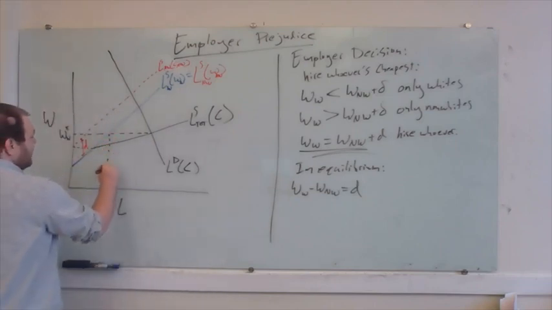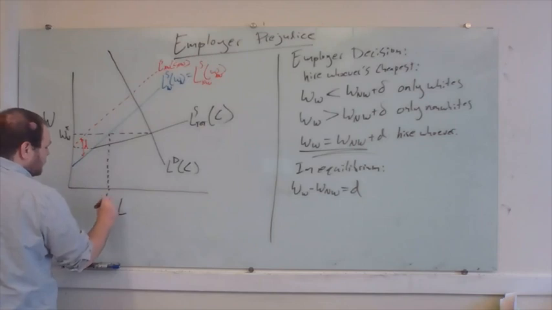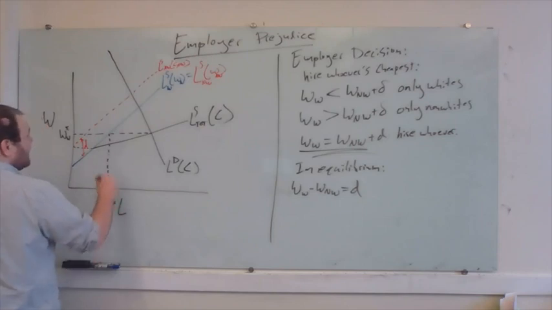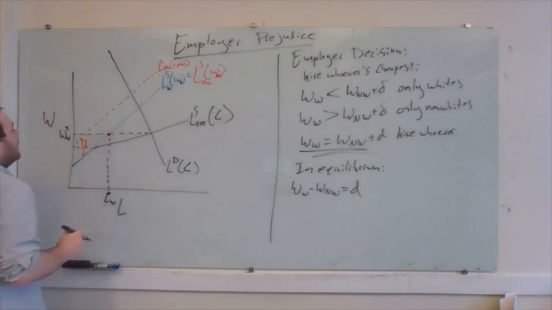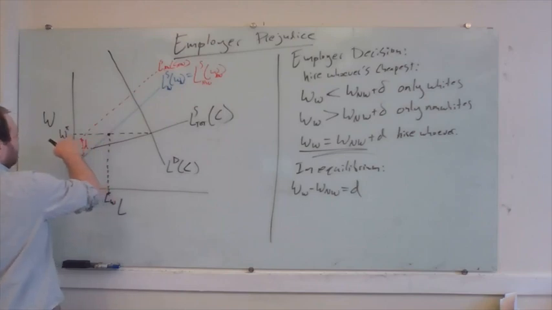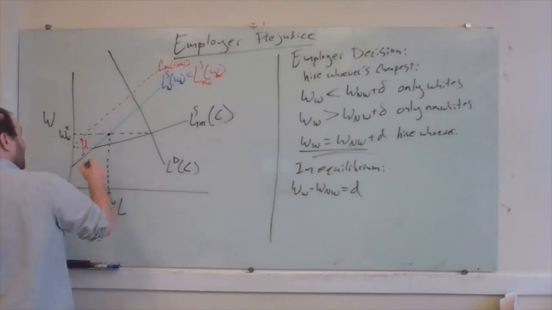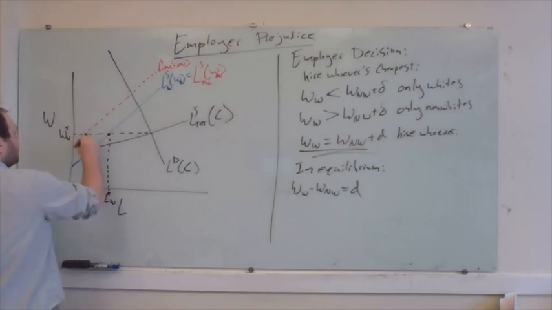So what this is going to mean is that our employment rate of white workers is going to be given here, the number of white workers willing to work at wage WW. On the other hand, our employment rate of non-white workers is going to be here, because non-white workers are not going to receive the full wage WW.